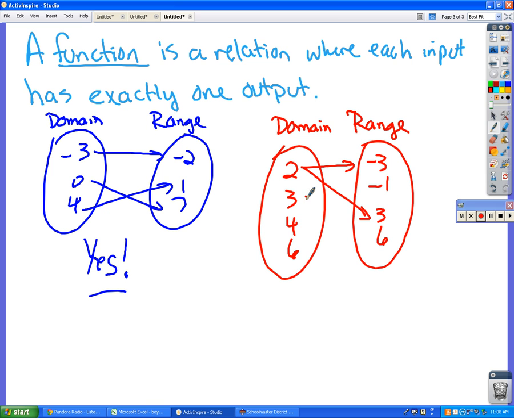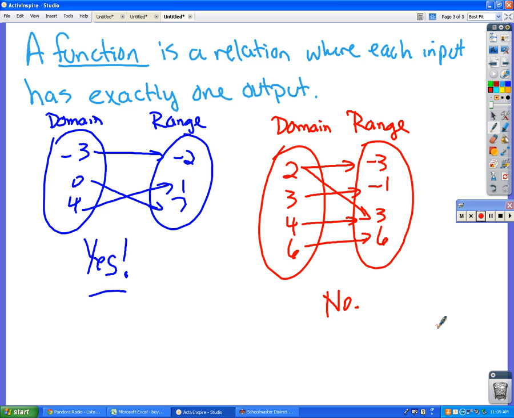Is that a function or not? No. Because 2 goes to both -3 and to 3, right? Since that goes to 2 different places, that's no good. So that would be done.